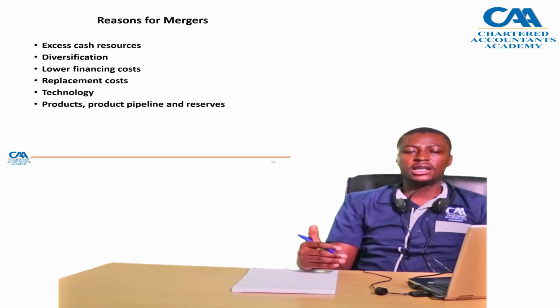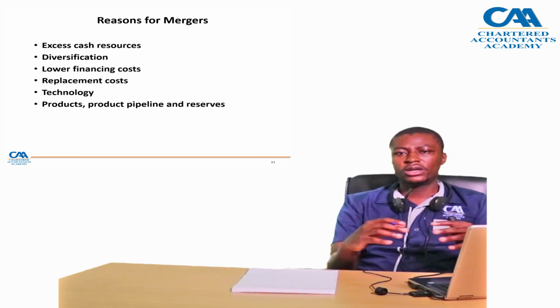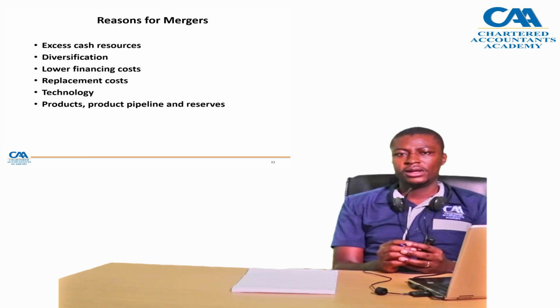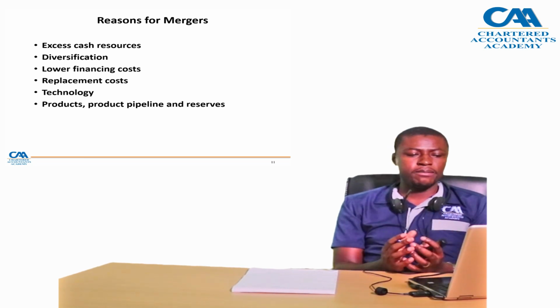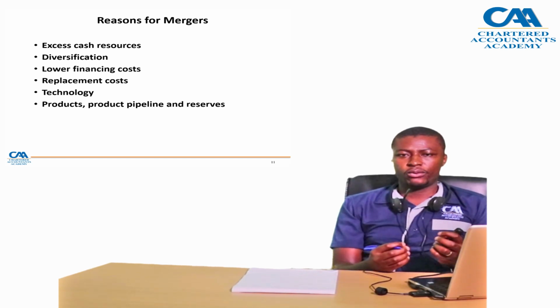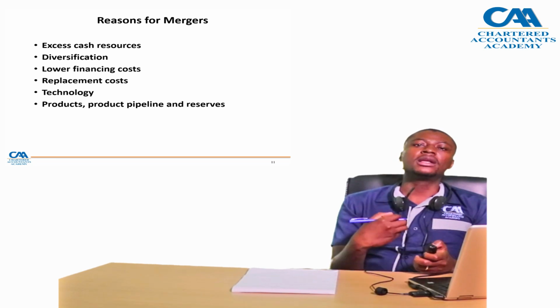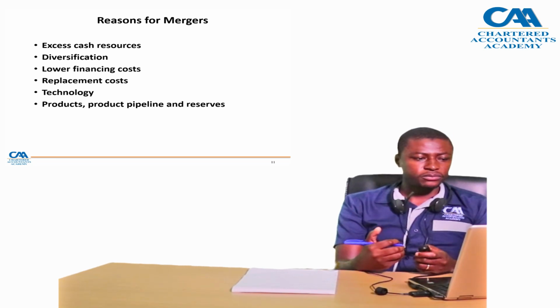Or we are interested in a product that other companies bring onto the table. So I'm sure if you look globally, if you look at Facebook, it has been on an aggressive acquisition campaign, mainly because of products. Instagram, WhatsApp, what are they looking for? The product that those companies are holding, which can be a reason for a merger.